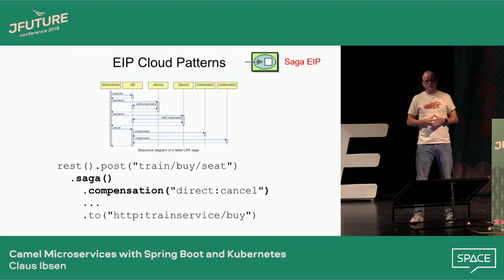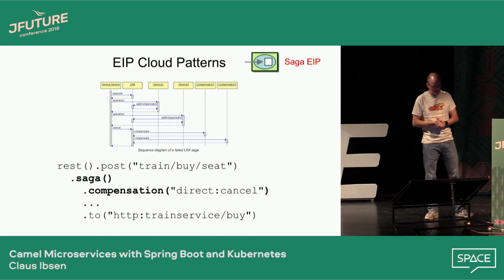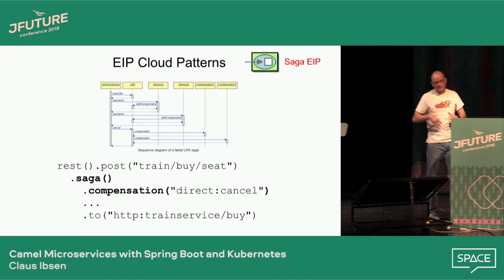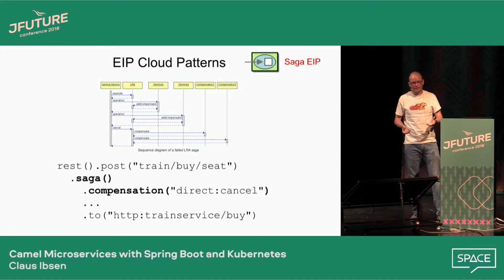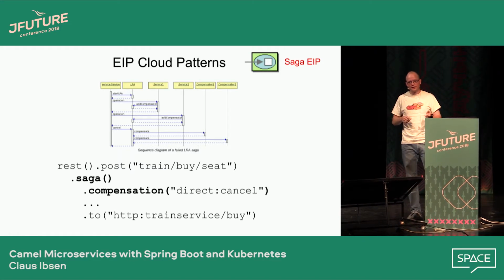But there is a pattern for that called the Saga pattern, and Camel integrates that as well. So you can use Saga and let an external orchestration engine handle that distributed transaction by executing it and then doing undos and whatnot. And the guys that may have been here at the workshop yesterday, we implemented and used that and saw that.